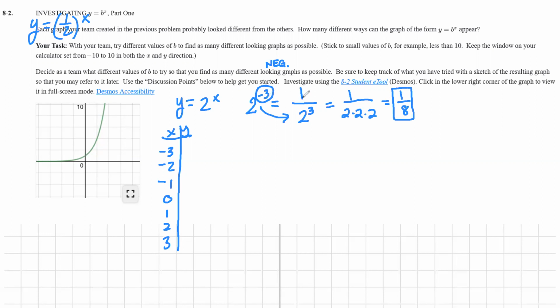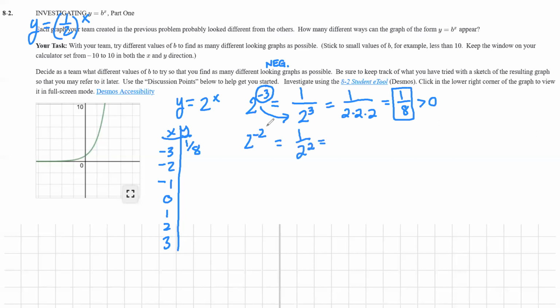So 2 to the -3rd is 1 over 2 to the 3rd power, or 1/8, which is close to 0. It's a little bigger than 0, but not much. Okay, let's put 2 to the -2 power in here. 2 to the negative 2 power is 1 over 2 squared.